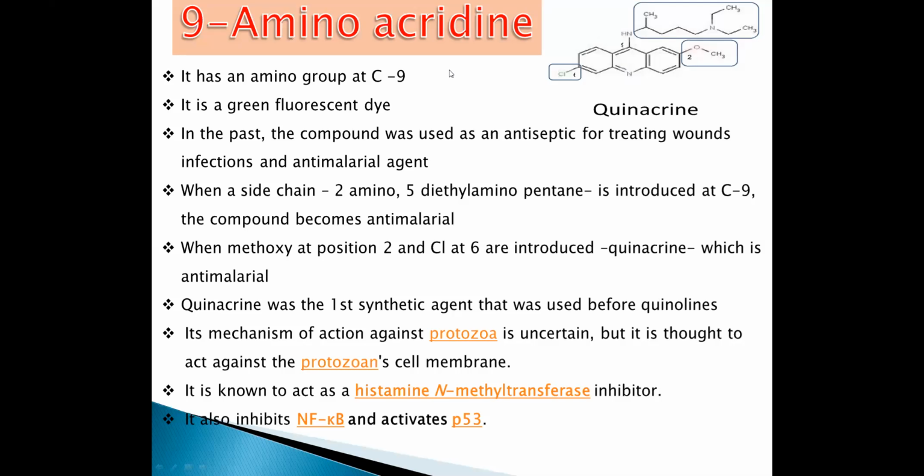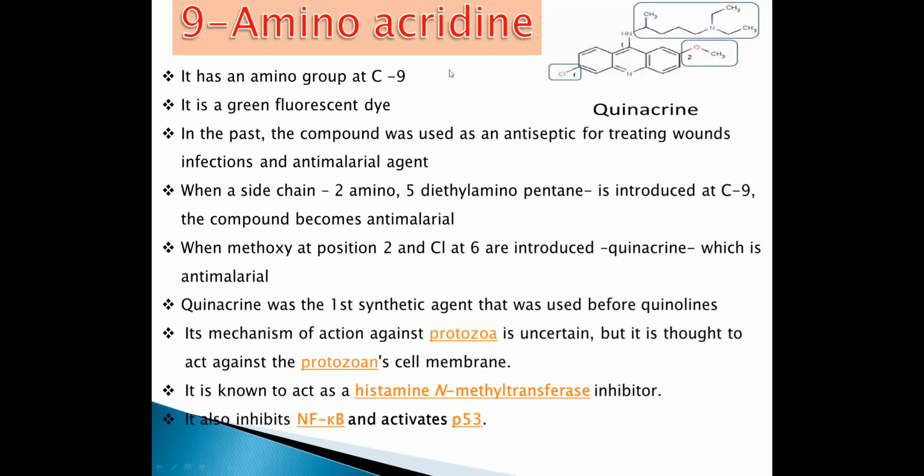So this is a combination of chloroquine and primaquine. Quinacrine is nothing but a combination of 8-aminoquinoline and 4-aminoquinoline.